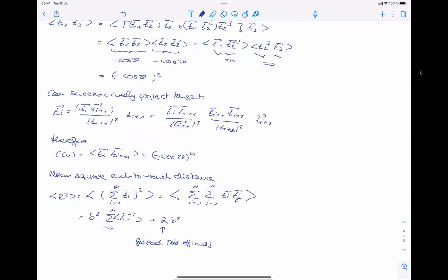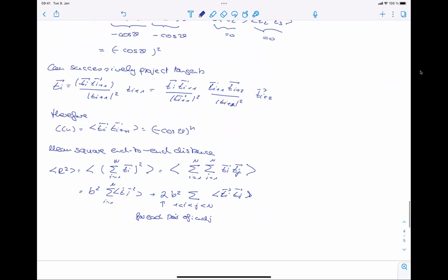B squared for the segment length. And then we have here now the ordered sum I going from 1 until j to n, ti, tj. Now, the correlation function of the tangent with itself, that's just a 1. And so of those, in the sum, we have n of them. So that's b squared n, plus 2b squared.